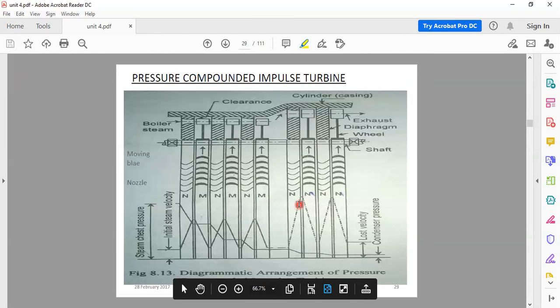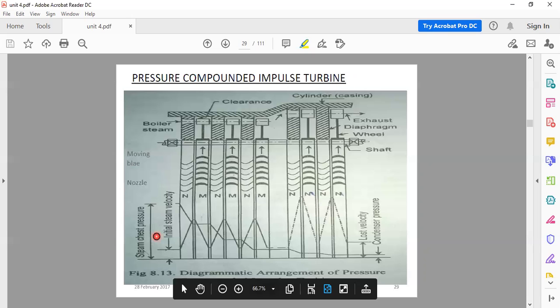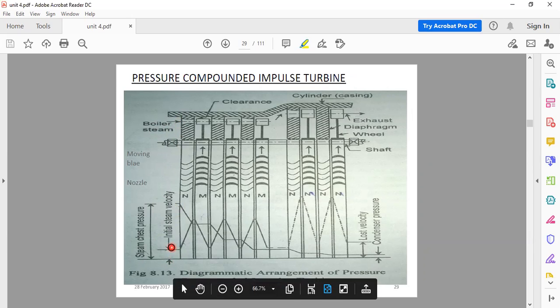See, in this figure we see the diagrammatic arrangement of a pressure compounding impulse turbine. At the start of this turbine, very high pressure steam is coming from the boiler to the nozzle. At the inlet of the nozzle, velocity is low and boiler pressure is very high.